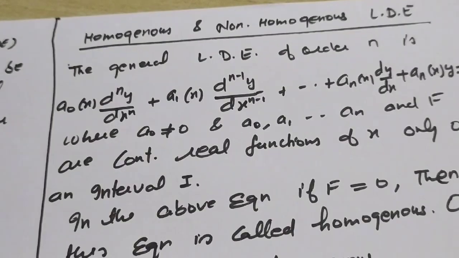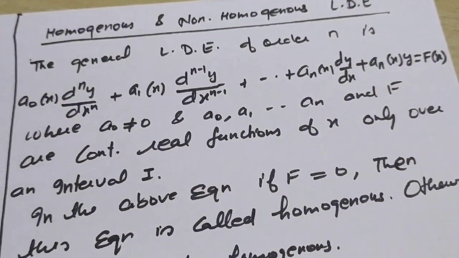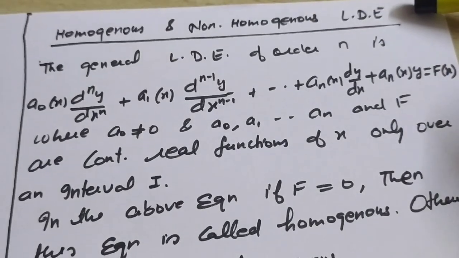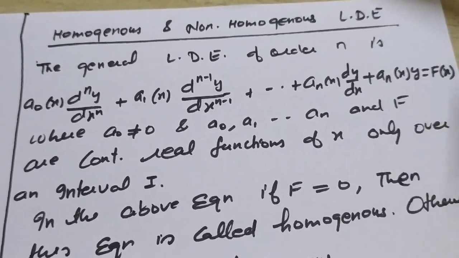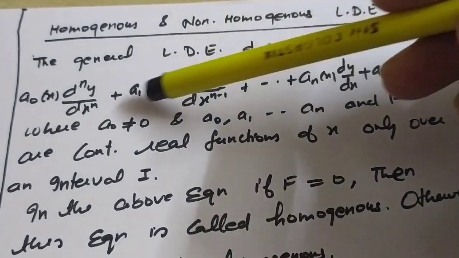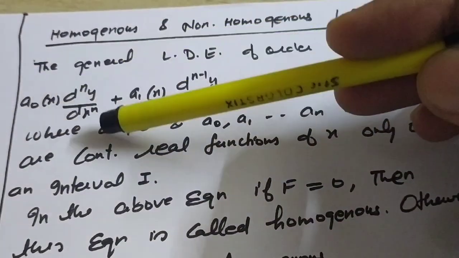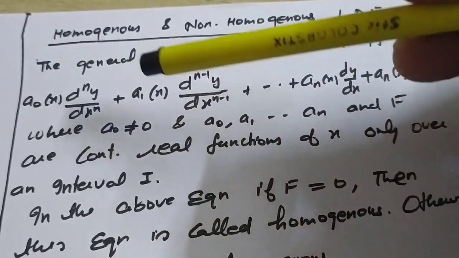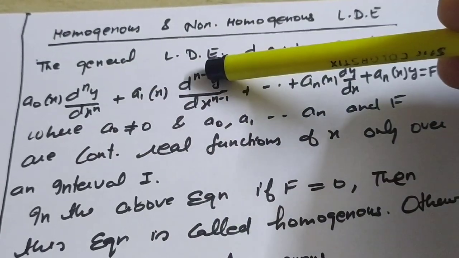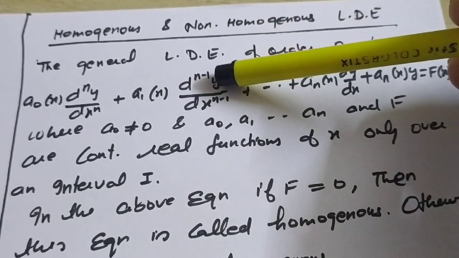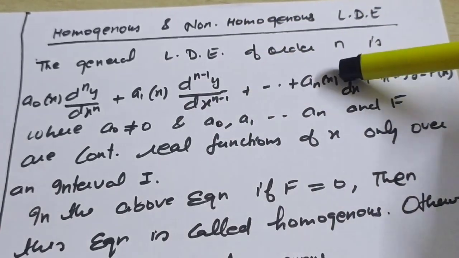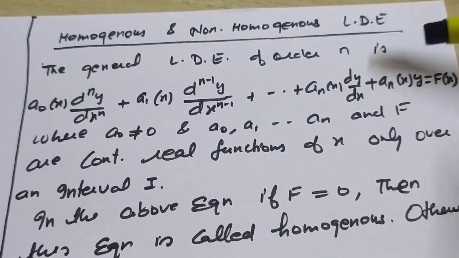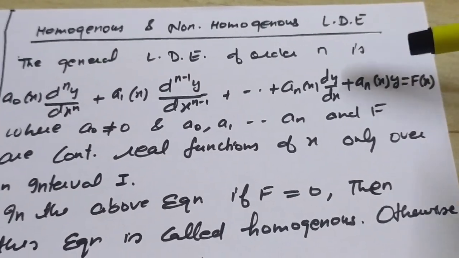Next concept of the day is homogeneous and the non-homogeneous linear differential equation. You see here the expression I have written. a0(x) nth order derivative of y with respect to x plus a1(x) (n minus 1)th order derivative of y with respect to x plus and so on, an-1(x) dy/dx plus an(x) y is equal to F(x).